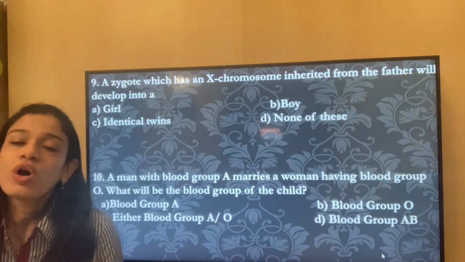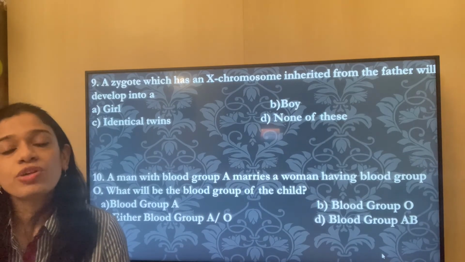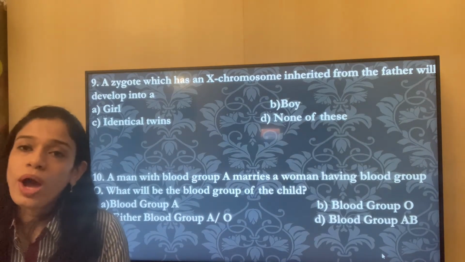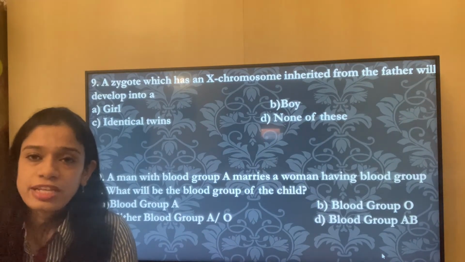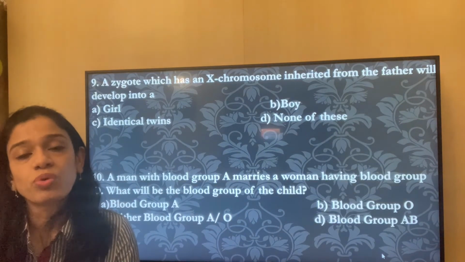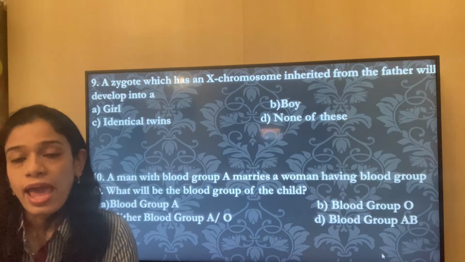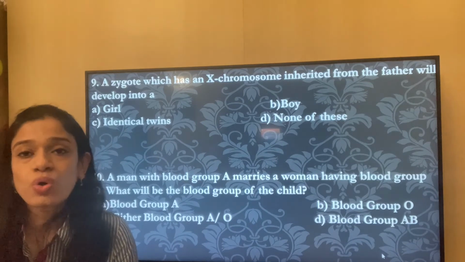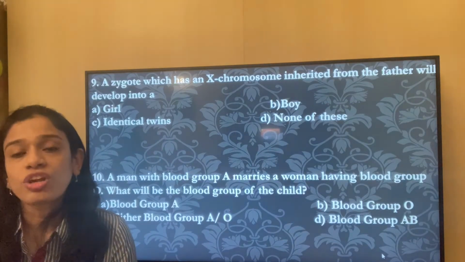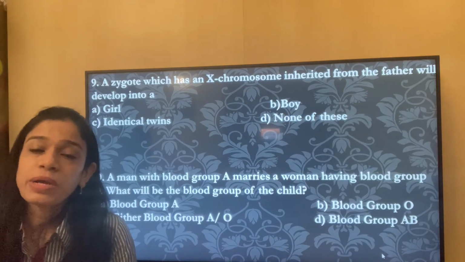So here they are telling us one X chromosome is inherited, and that too from the father. We also have studied that during the formation of the zygote, one X chromosome compulsorily comes from the mother, because the sex chromosomes of the mother are both XX, and those of the father are X and Y. So the determination of the sex of a child depends on the father.